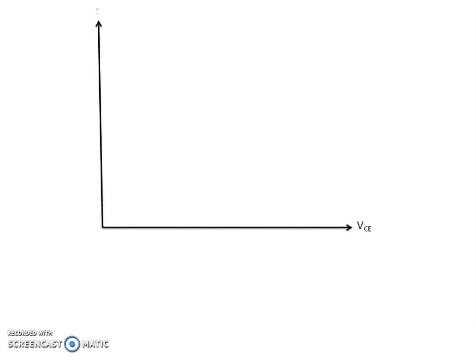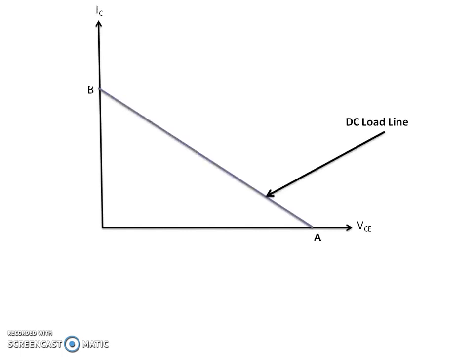On my VCE versus IC characteristics, this is my DC load line, which has intersection points capital A and capital B. Capital A, the cutoff point, has the value VCC, while capital B is the saturation point, which can be evaluated as VCC upon RC plus RE.